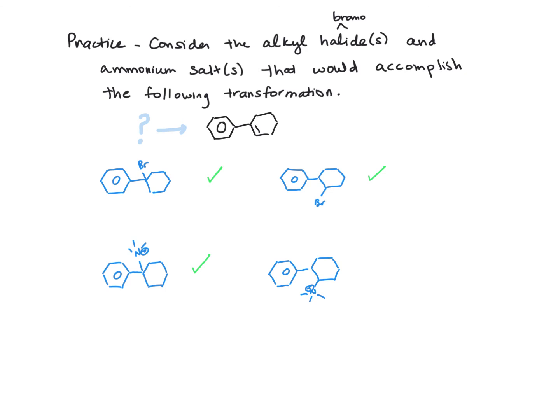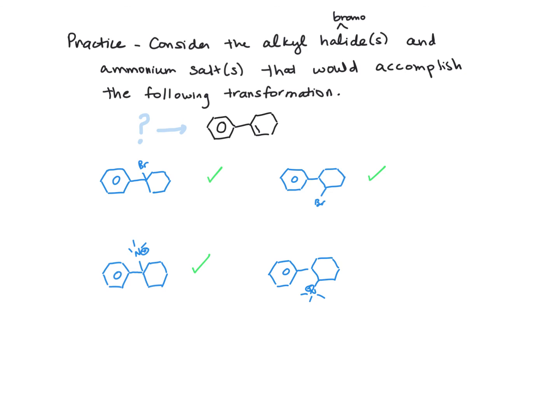Well, we know we want to form the less substituted alkene, and in this case we didn't have a choice because we would either form an alkene here or here. So we have the same result.